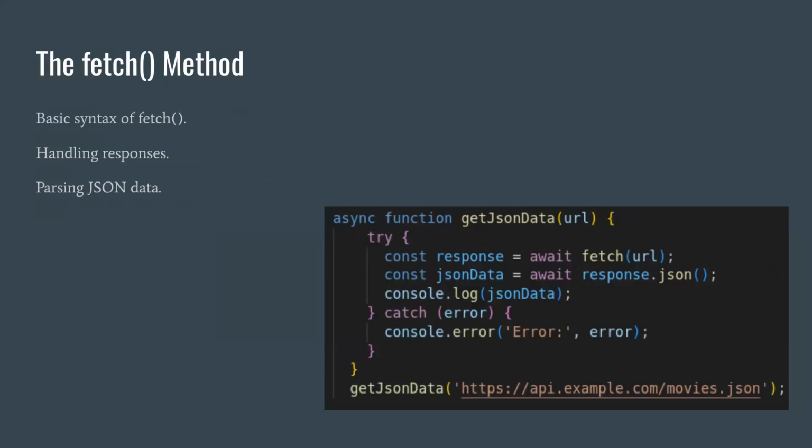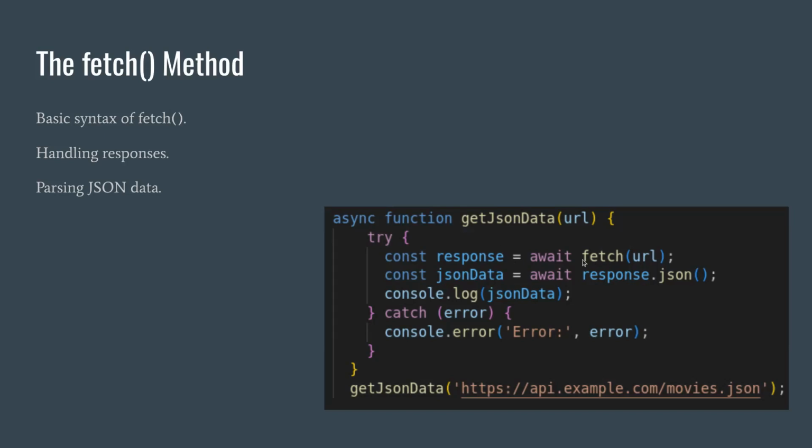So the fetch method is straightforward. At its simplest, as I explained in the first slide, it takes in a URL, and it returns a promise. What we mean by promise is a promise that resolves to a response object.